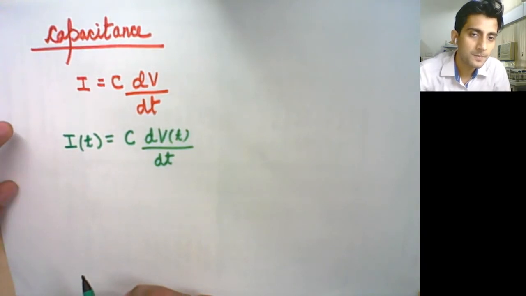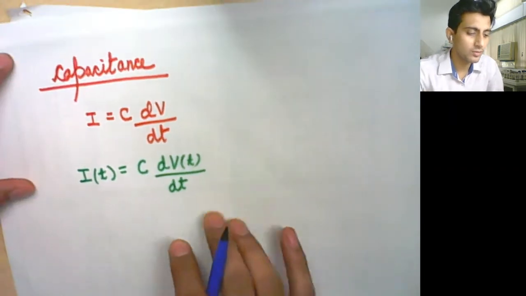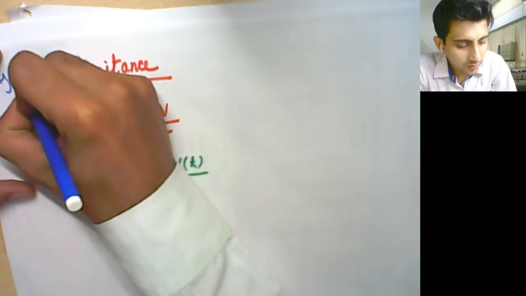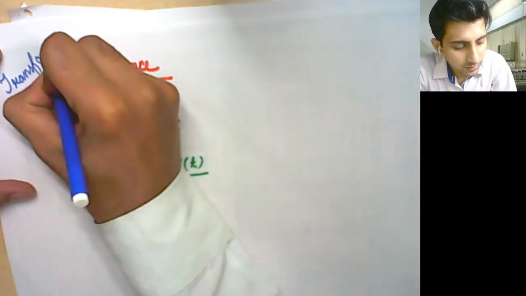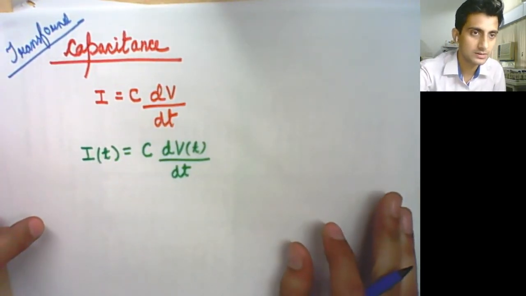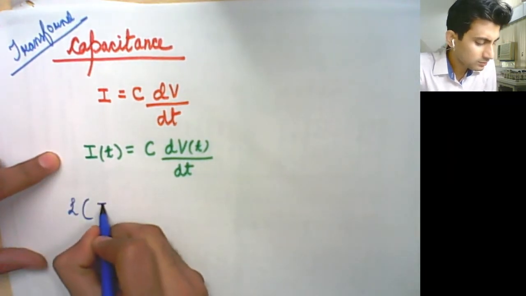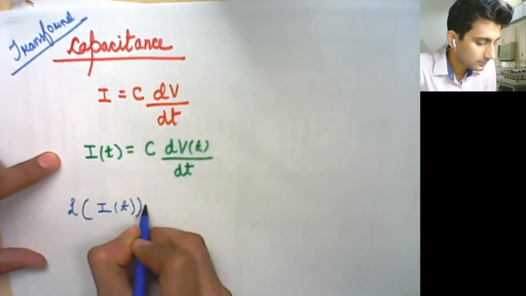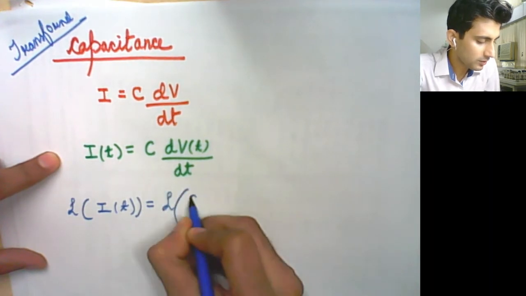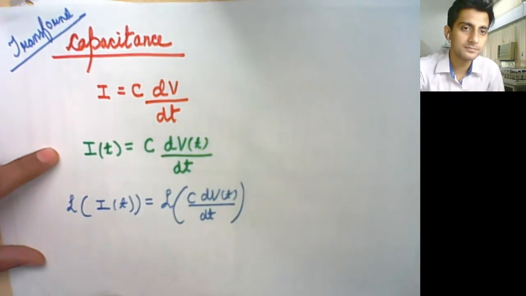Fine. Now we have to take the Laplace transform on both sides. So we want to understand what would be the transformed form of capacitance. Taking the Laplace transform, both sides, Laplace transform of I(t) is equal to Laplace transform of C dV(t) by dt.